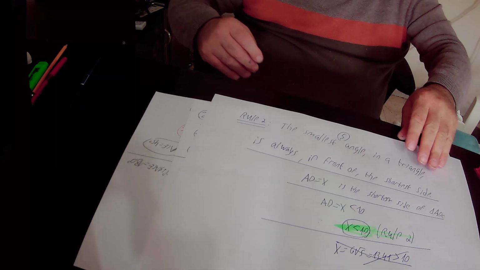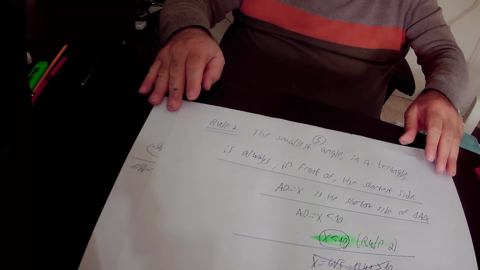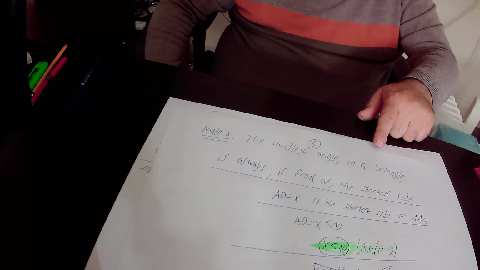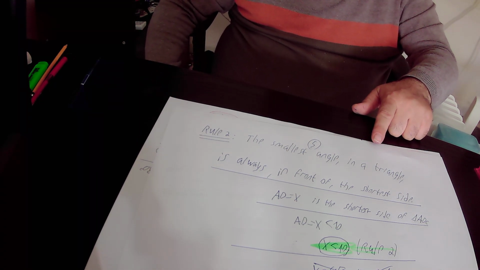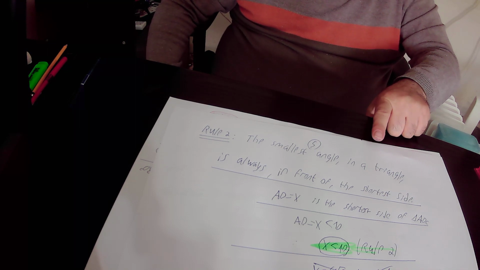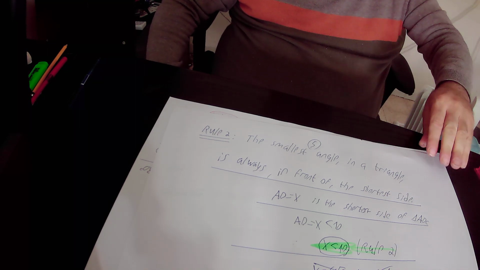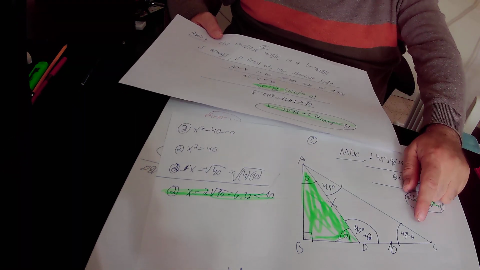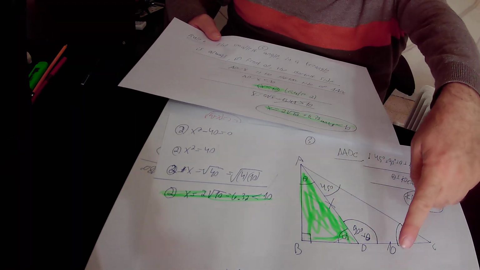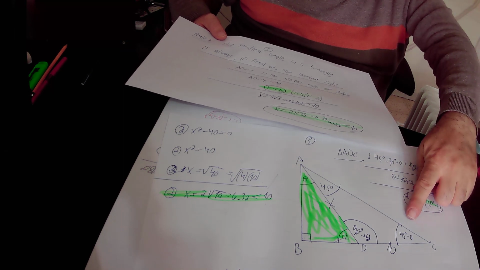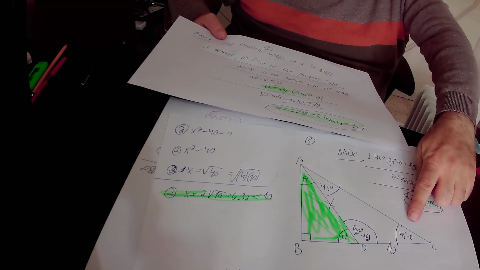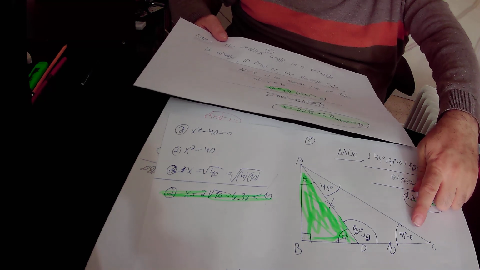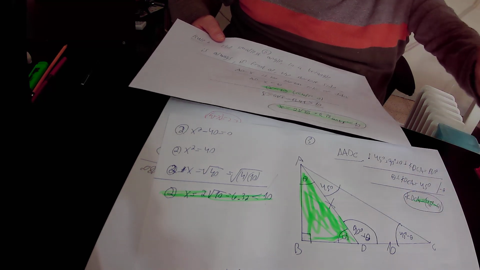And we also have rule number 2, which states that the smallest angle in a triangle is always in front of the shortest side. Therefore, we know that angle ACD, which is equal to 45 degrees minus theta, is the smallest angle.